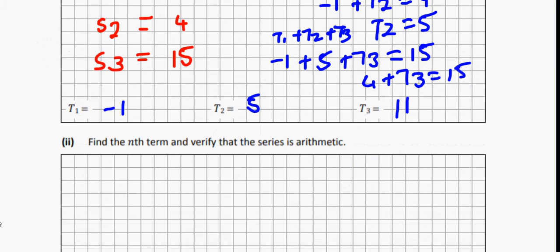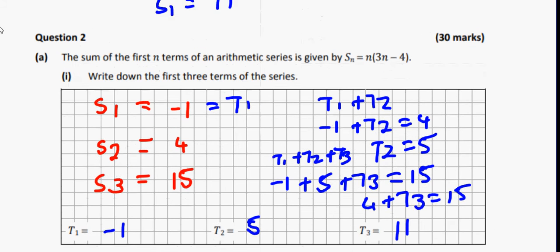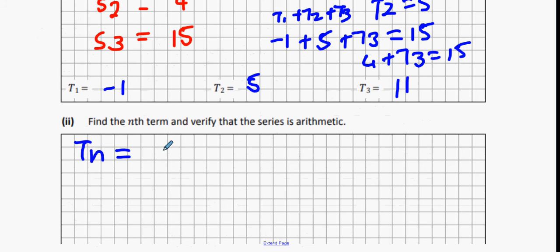Happy days. Find the nth term and verify that the series is arithmetic. No bother. It's an arithmetic sequence because it says so up here, and the arithmetic sequence is a plus n minus 1 times d. The a value is minus 1 because T1 is always the a value for arithmetic sequences.